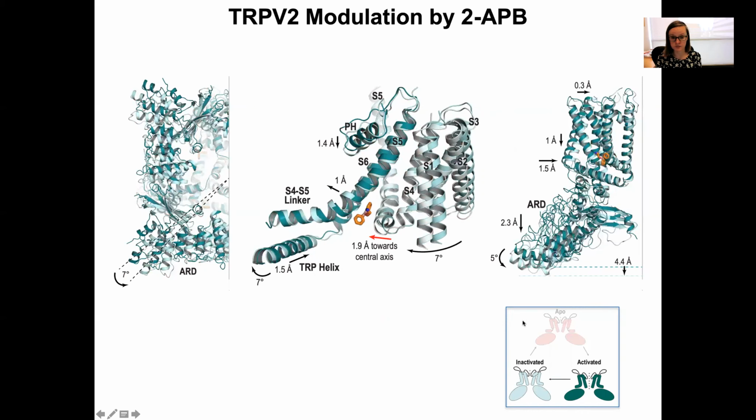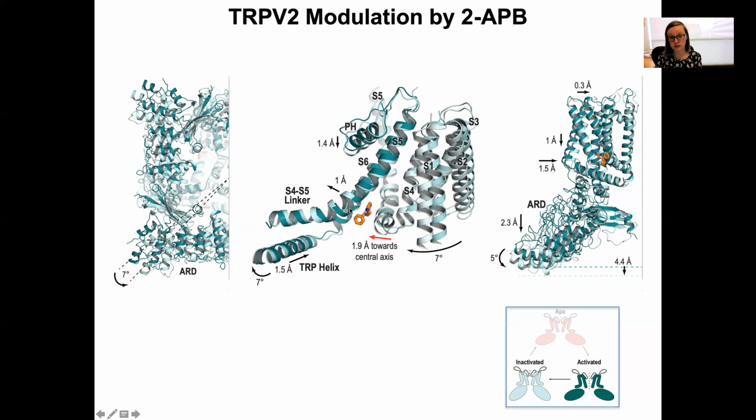Next, we compared the structures of the activated state to the other structure, which we call the inactivated state, and we notice almost a reverse mechanism. The anchoring repeats now move 7 degrees counterclockwise, and that brings the S4, S1 helical bundle back.